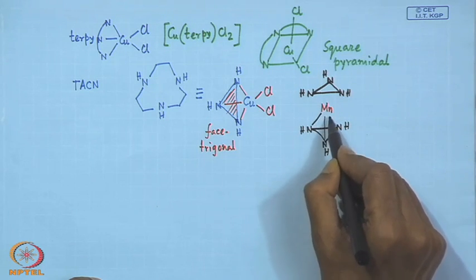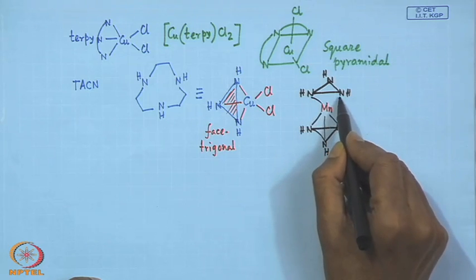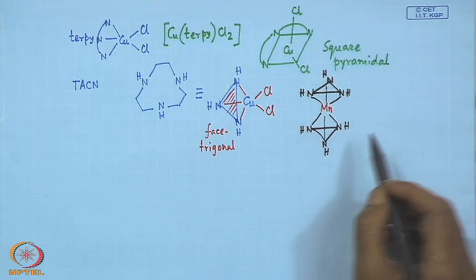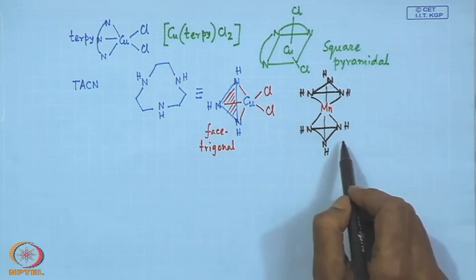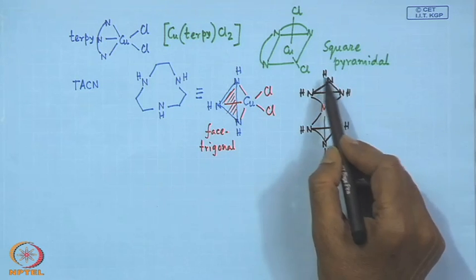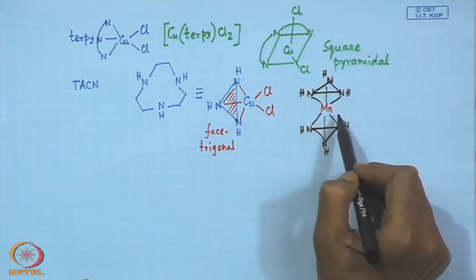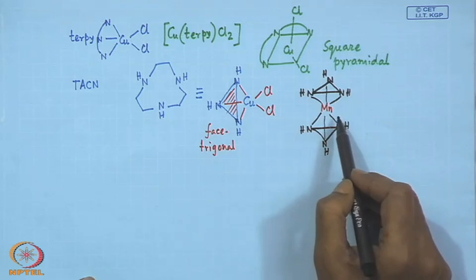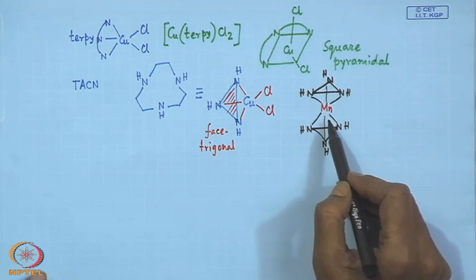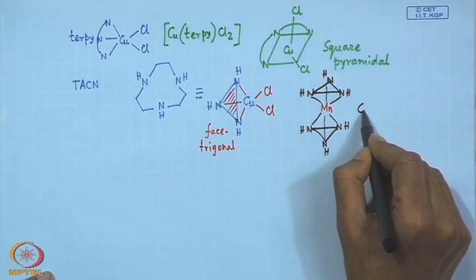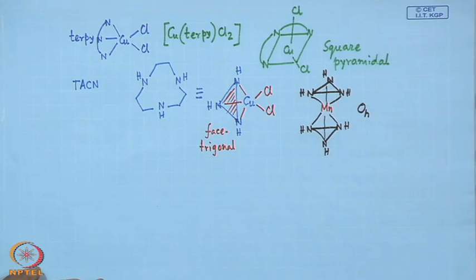So, these are forming 6 such bonds. So, one trigonal phase is occupied and another trigonal phase is also occupied for the coordination of 2 TACN molecules to the manganese center, giving rise to the same octahedral geometry.